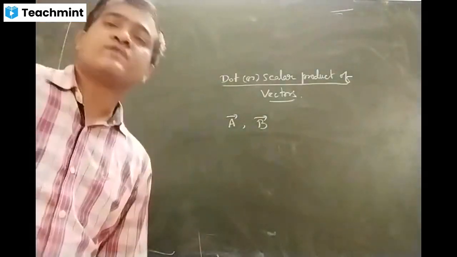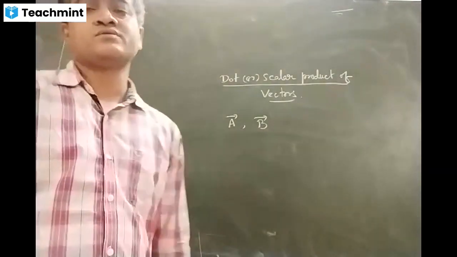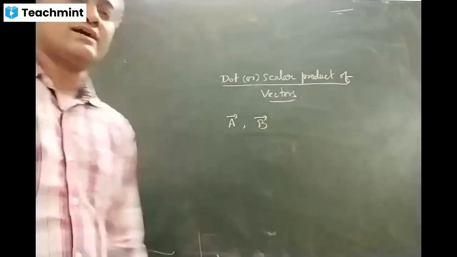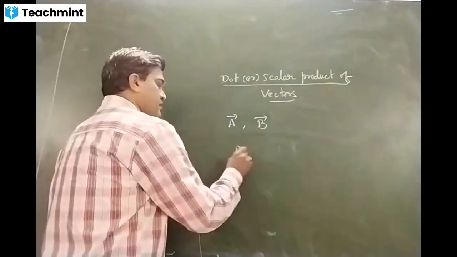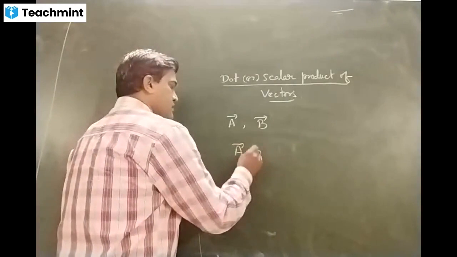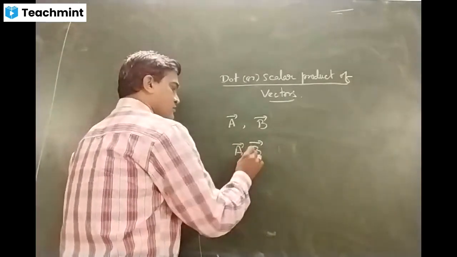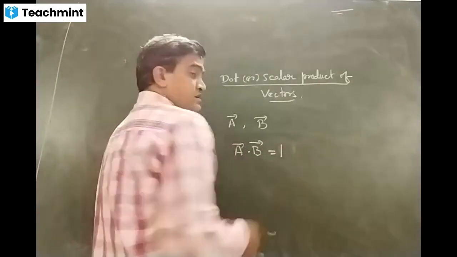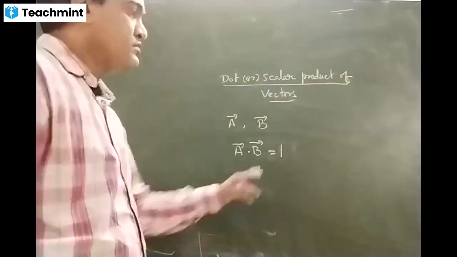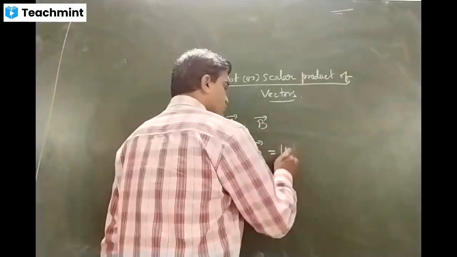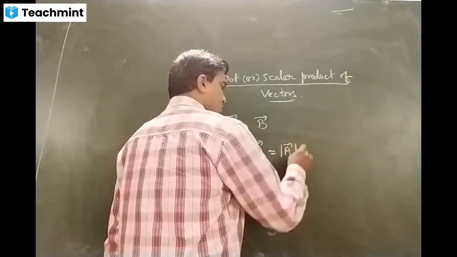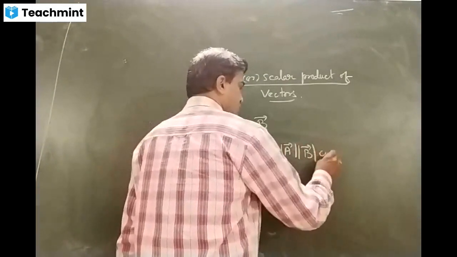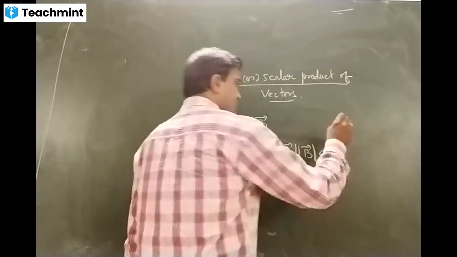If I consider two vectors A bar and B bar, then the dot product is defined as A bar dot B bar, which is the product of the magnitudes of the two vectors and the cosine of the angle between them.